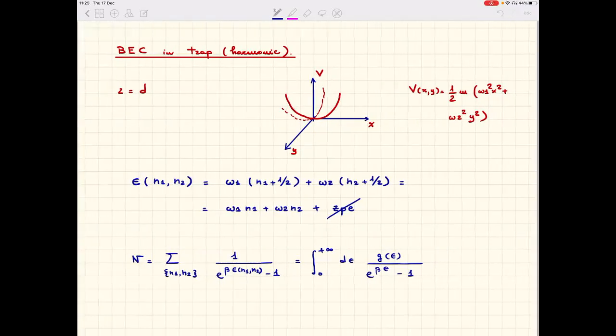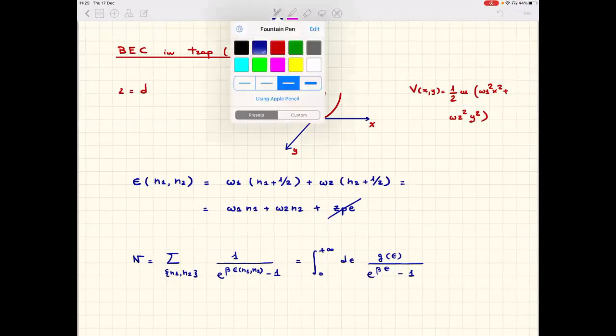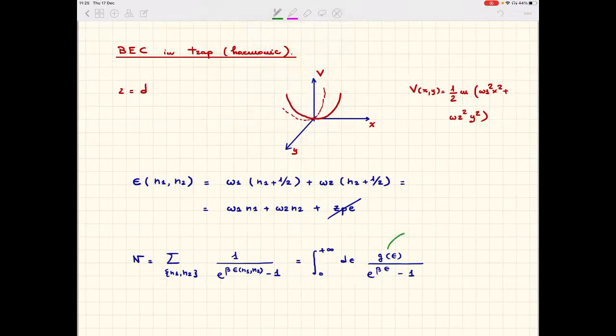Where g of epsilon is now equal to the sum over the two principal quantum numbers, delta of epsilon minus omega 1 n1 minus omega 2 n2.